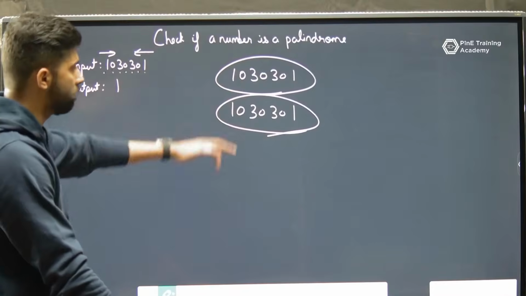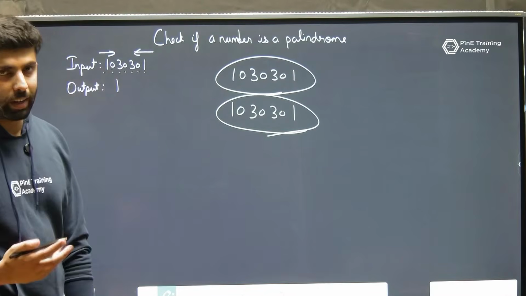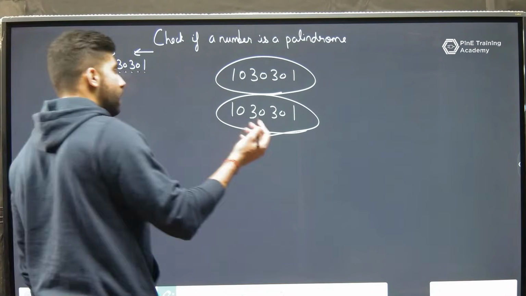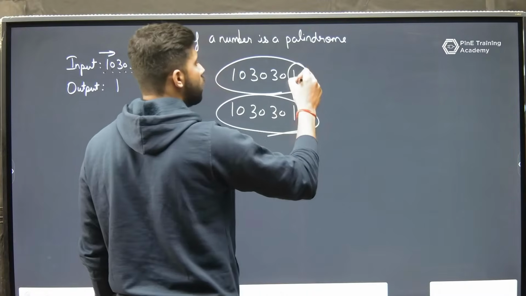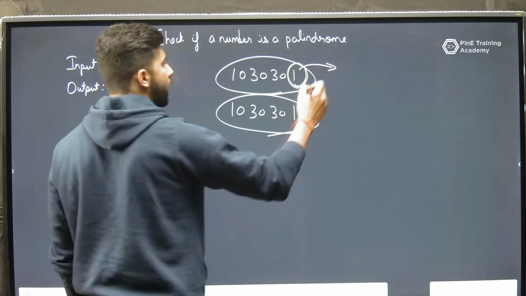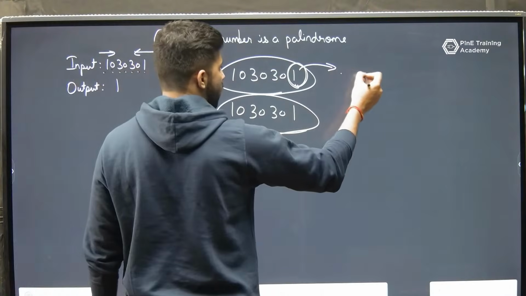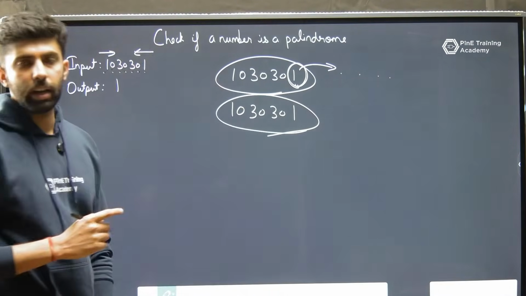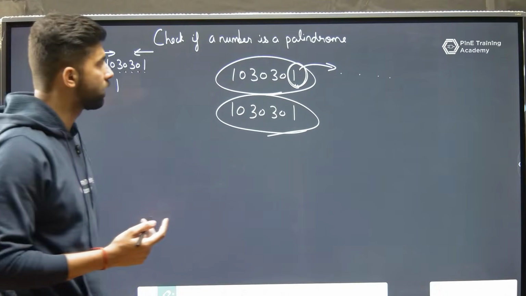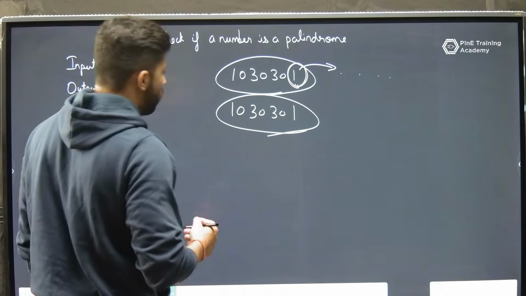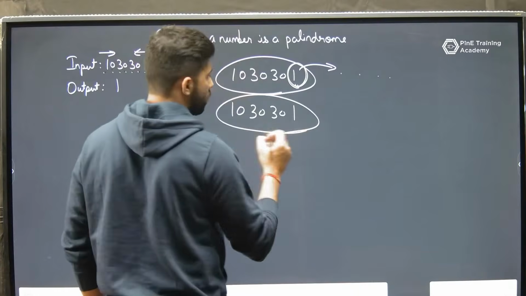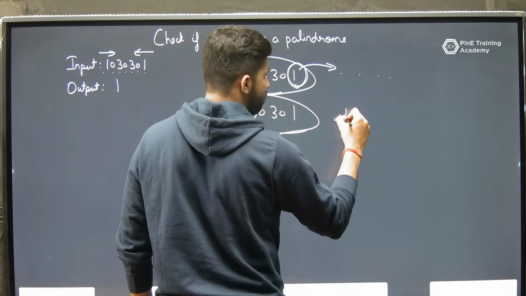The reverse of this number will be the same. And how do I calculate the reverse of this number? Again, the same thing. Separate the last digit and start forming the number like we did in the previous case. Okay. So again, we will just write our code something like this.